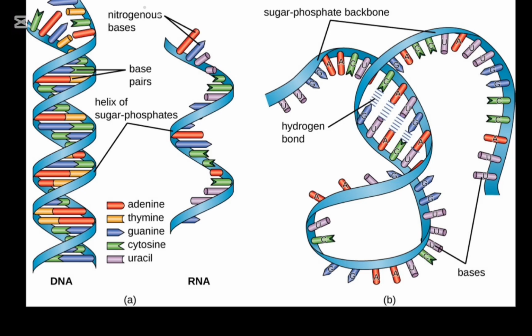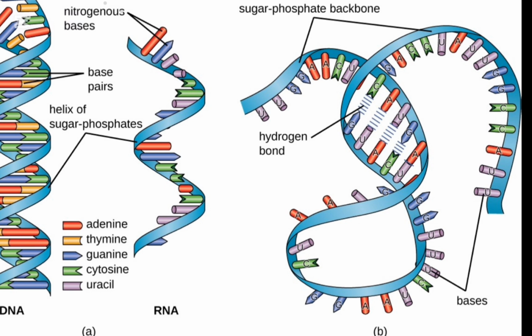RNA only helps during translation, during protein synthesis. That is Greek for now, I just want you to remember it. And these nitrogenous bases are held by weak hydrogen bonds. To be specific, you have to say weak hydrogen bonds.